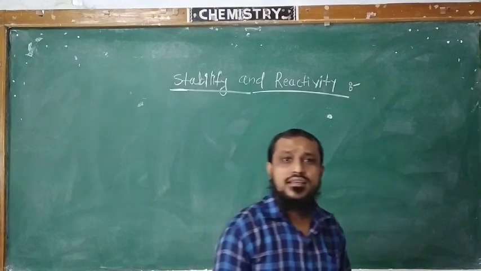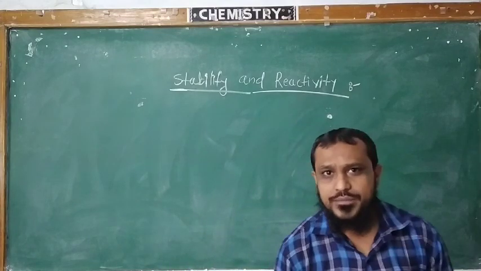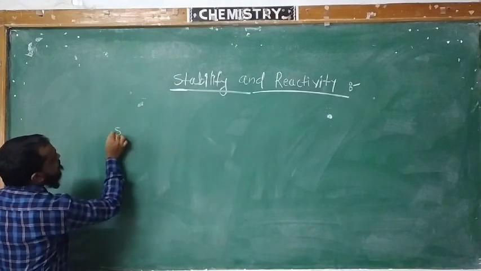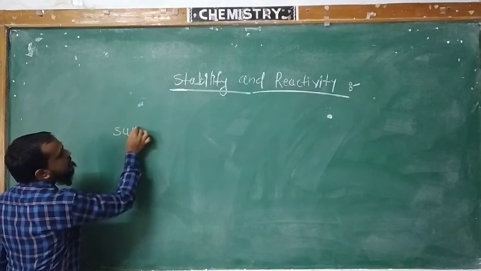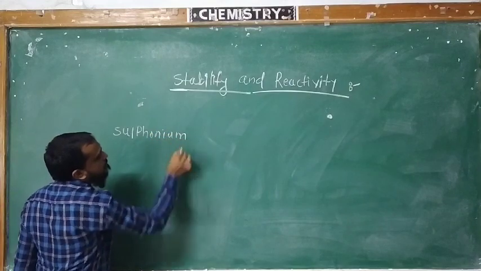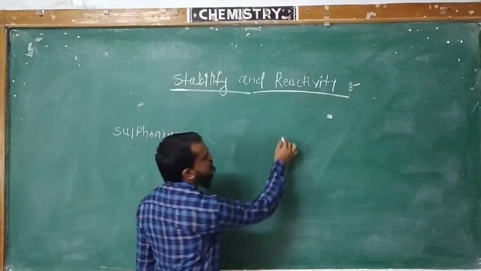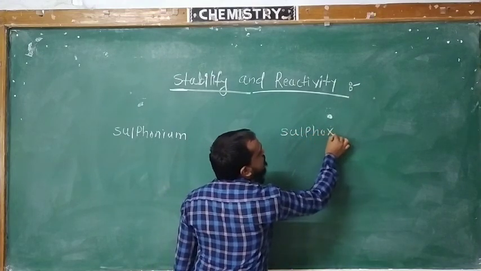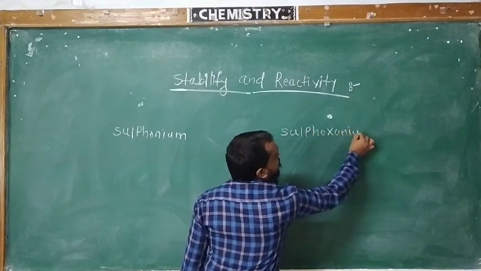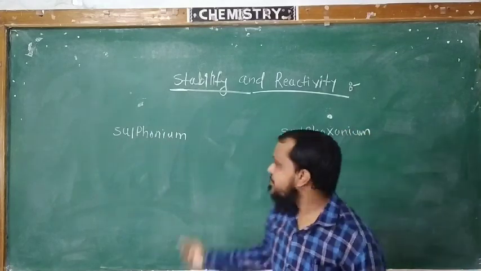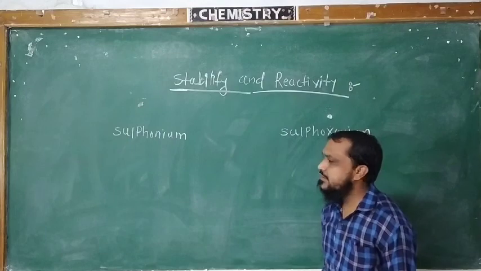We know that sulfur ylide are of two types. First one is sulfonium ylide and second one is sulfoxonium ylide. Okay, these are the two types of sulfur ylide.